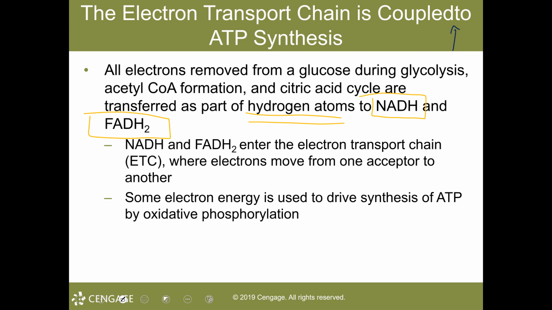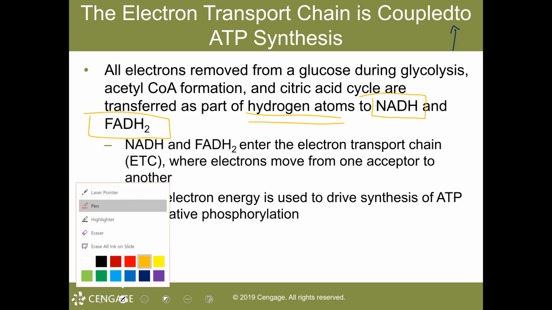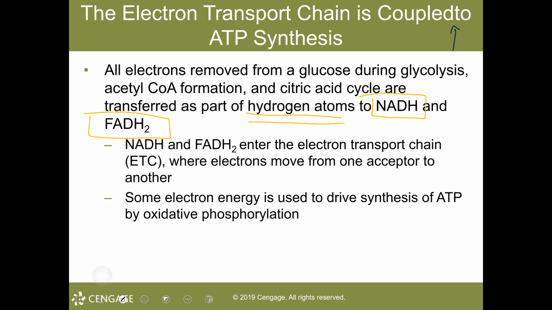NADH and FADH2 will enter the electron transport chain, where the electrons are moving from electron acceptor to electron acceptor, moving down to the most electronegative, toward oxygen. Oxygen, class, is the final electron acceptor.